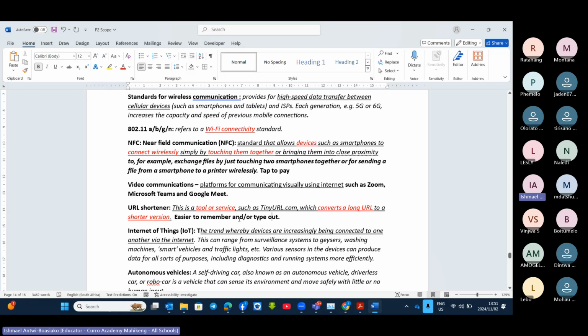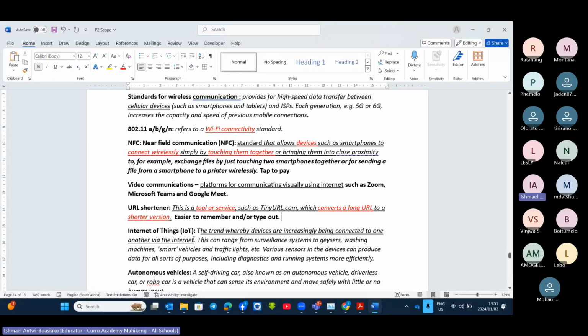What are the advantages of using URL shortener? When you shorten this URL, it makes it easier to remember or easier to type out. So let's say a long URL and you want to go to that website. It's very easy to type it on your mobile device browser, or to also remember them. That's the essence of having this URL shortener.